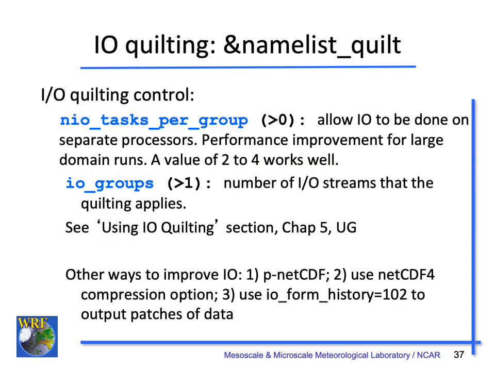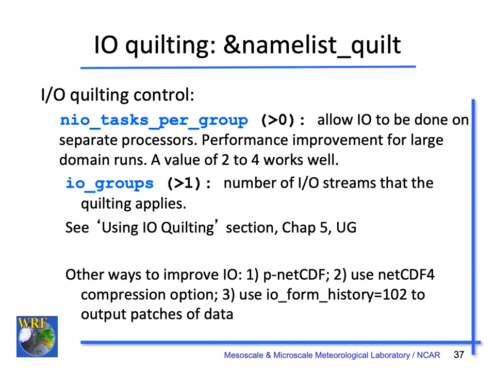There are other ways to improve NetCDF writing. One of these methods is to use pNetCDF. However, this would require an additional library at compile time. Another way is to make use of the compression option in NetCDF4, which has become the default since the WRF Model version 4 release.